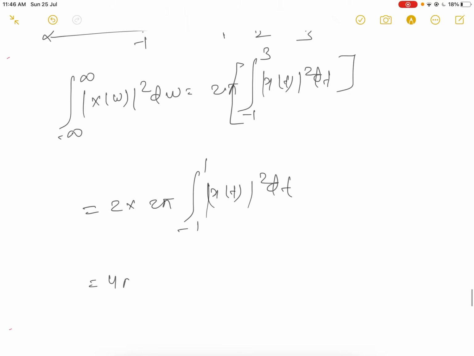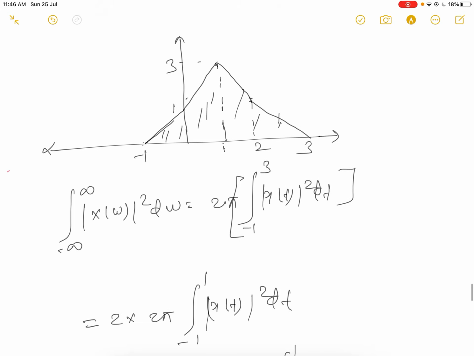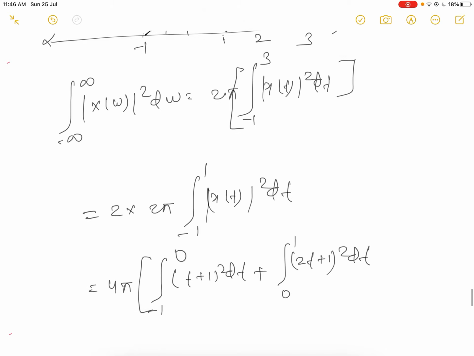So it will be 4 pi times the integral from minus 1 to 0 of (t plus 1) squared dt, plus the integral from 0 to 1, where this part of the graph is 2t plus 1, of (2t plus 1) squared dt.